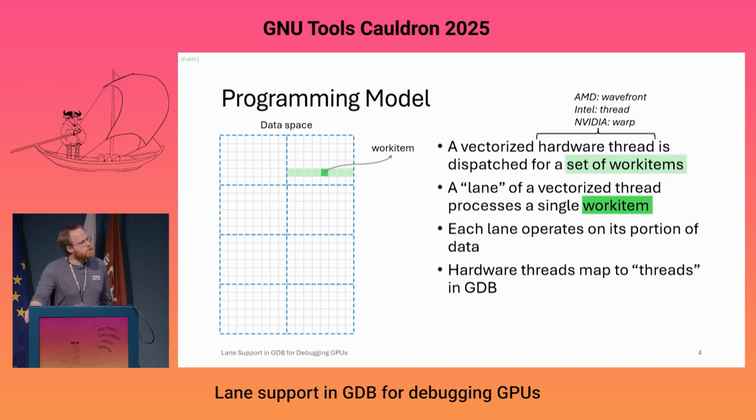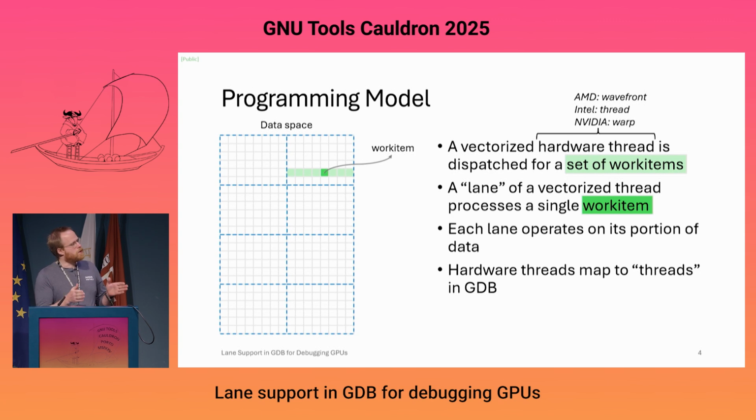In the programming model, each element from our model space, which we call a work item, which is going to work on one individual element, is going to map to one of the lanes of a hardware thread.